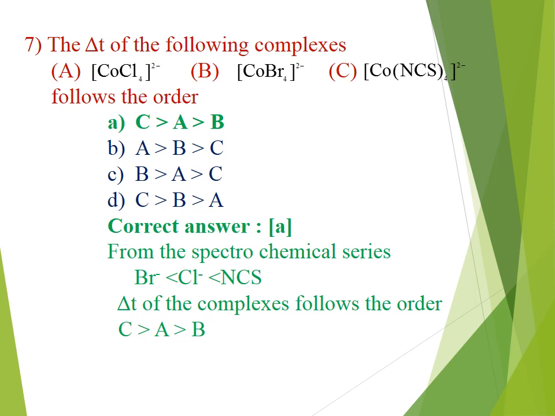Here the correct answer is A, C is greater than A greater than B. From the spectrochemical series, the Br- ion is a weak ligand and NCS- is a strong ligand. Therefore, the delta T of the complexes follows the order C is greater than A, which is greater than B. Option A is correct.